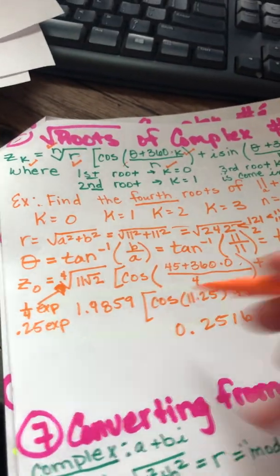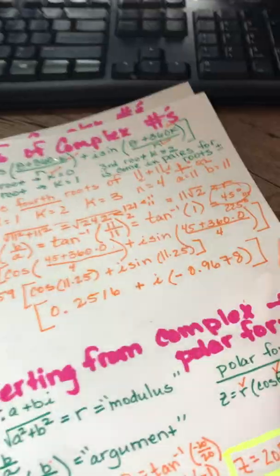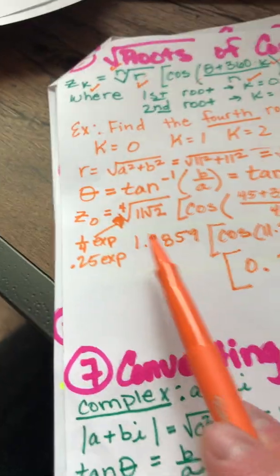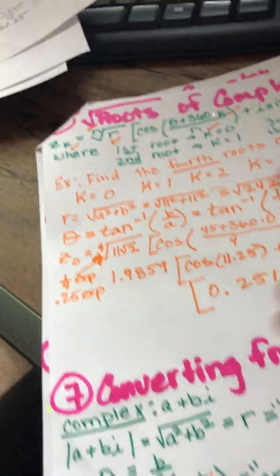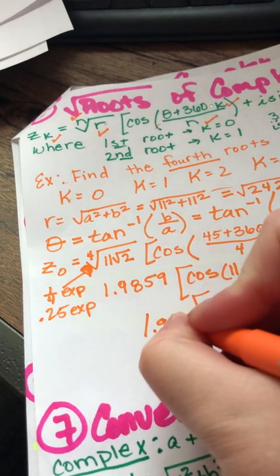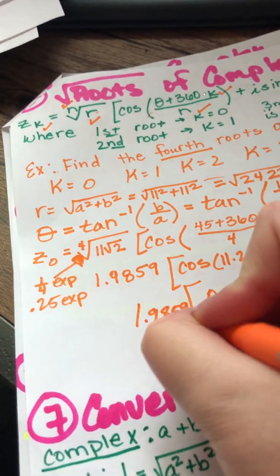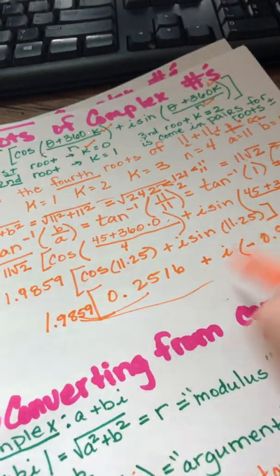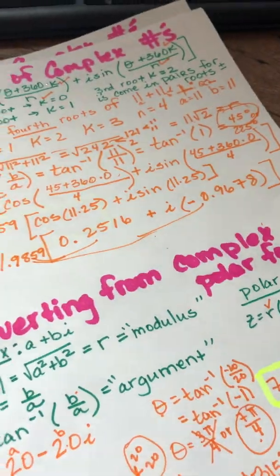And that's what's in the brackets. And then I still have this 1.9859 in front. And now I'm going to distribute it, and that should be my first root.